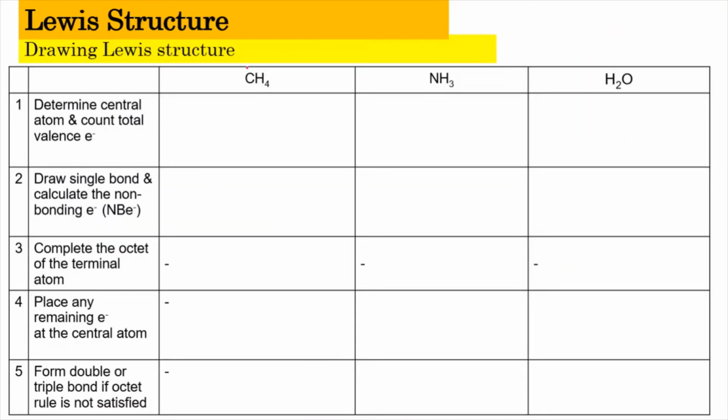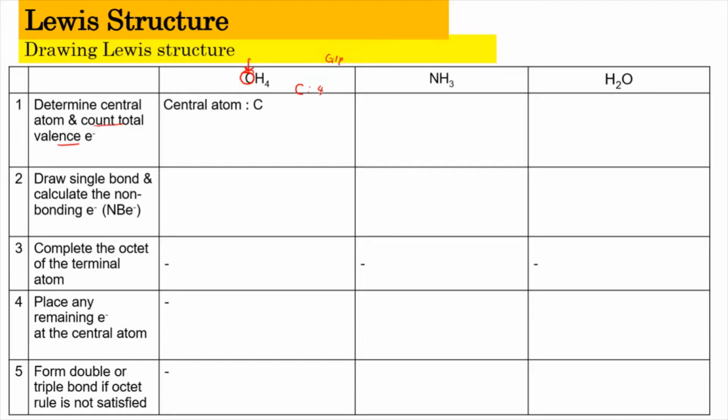So, for the example, molecule number 1 is methane, which is the structure of CH4. First thing first, we need to determine the central atom and count the total number of valence electrons. In this case, the carbon is going to be the central atom because hydrogen will never be the central atom. In order to determine the total number of valence electrons, we need to look at the group to which the element belongs. Carbon stays in group 14, right?